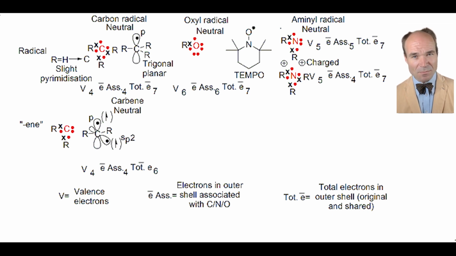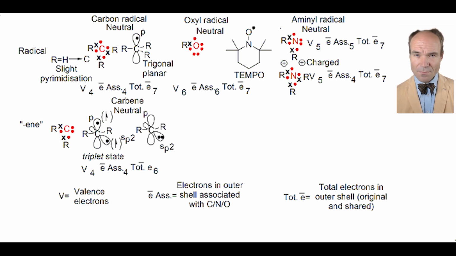And the angle between the R groups is between about 100 to 110 degrees. The 2 unpaired electrons give a multiplicity of 3, calculated by the number of unpaired electrons plus 1. So 2 plus 1 equals 3. Hence, it's described as the triplet state. Their behavior has similarities with diradicals.